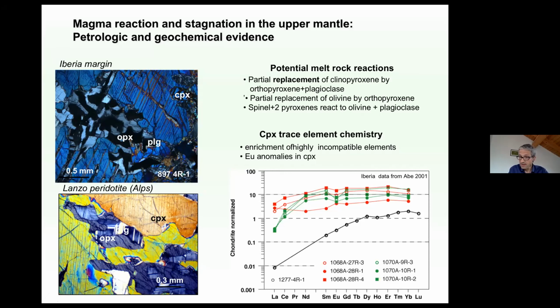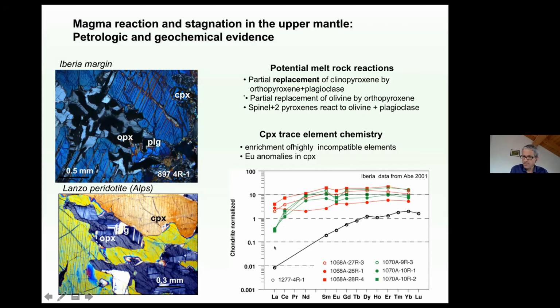The clinopyroxene is usually used on mid-ocean ridges to determine the degree of melting if everything happens in the spinel peridotite field. But if the rocks are re-equilibrated or reacted in the plagioclase peridotite field, you see little anomalies, for example, here in europium, either negative or positive ones in clinopyroxene, depending on melt-rock reaction and how much melt was crystallized.